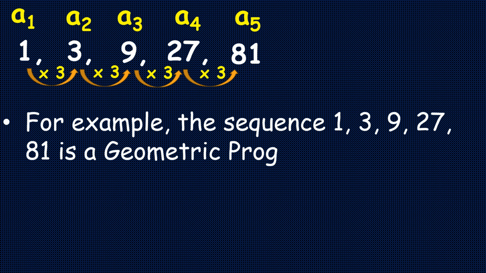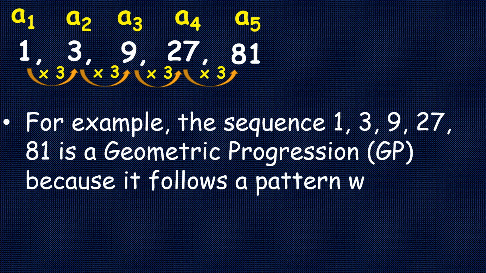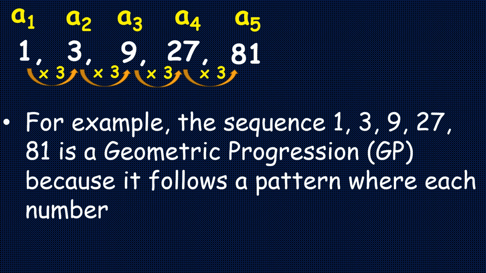So you have A1 representing the first term, A2 representing the second term, A3 the third term, A4 the fourth term, and A5 the fifth term.